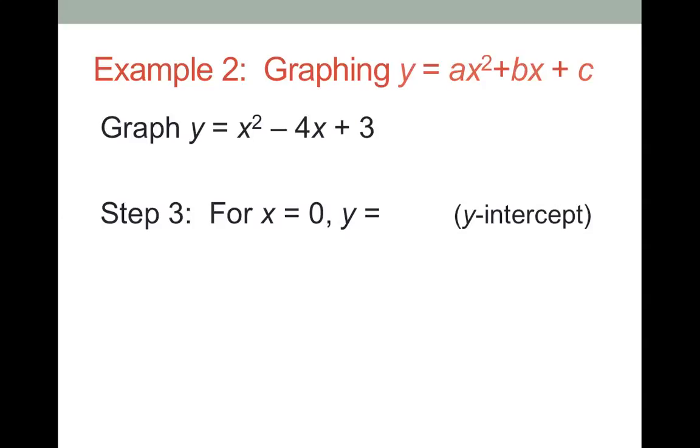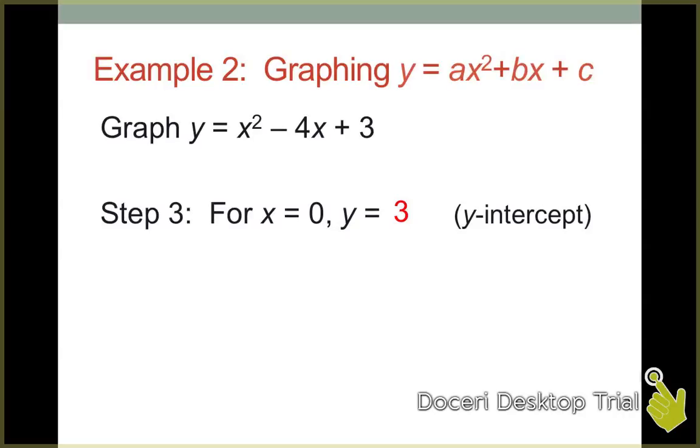So it doesn't have to be the y-intercept, but when possible, it's an easy choice. And in this case, the y-intercept is fairly close, so we'll put in 0 for x, and we'll end up with 3 for y. Because remember, when we put in 0 for x, our y-intercept is always the constant of our function.